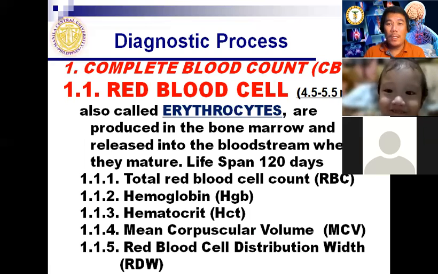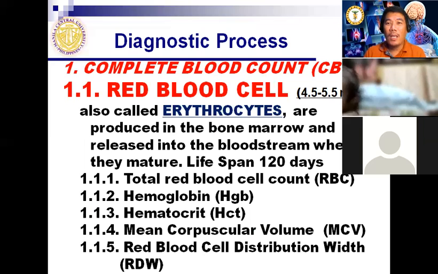The hemoglobin will be monitored because hemoglobin is considered the oxygen carrying component of the RBC, and hemoglobin is considered 90% of the component of the red blood cell. Hematocrit is determined as the blood volume.